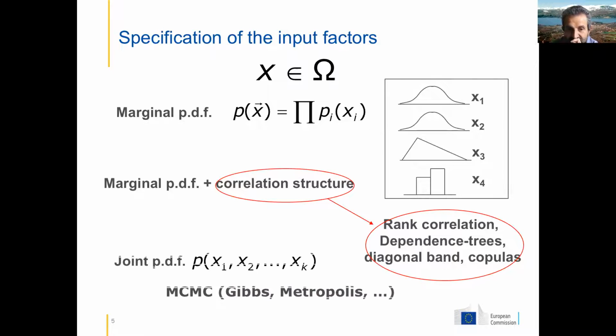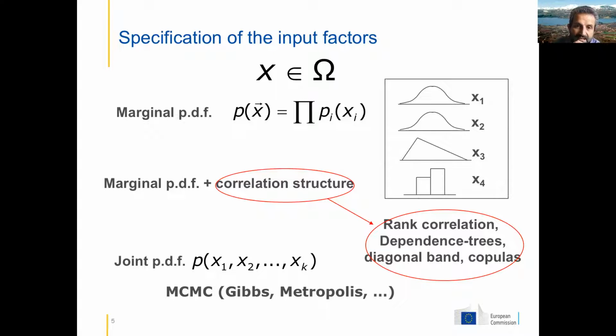You can have a correlation structure, or typically you might have your estimated model, and then you have a joint probability density, with a number of draws obtained from a Markov chain Monte Carlo, from a Metropolis algorithm.